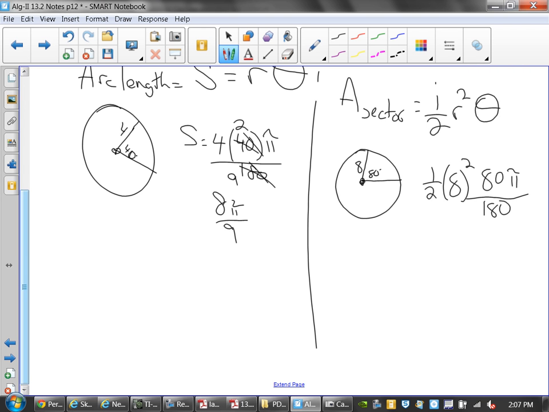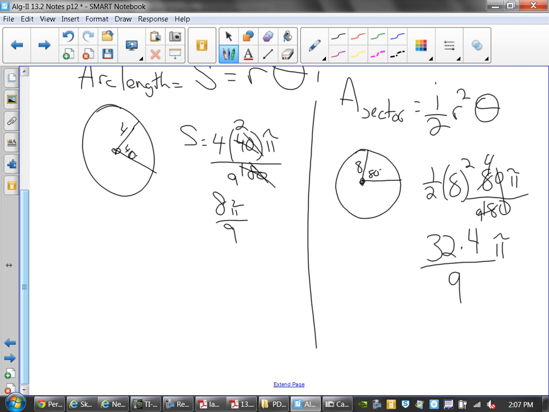What's 8 squared? 64. What's half of 64? All right, so right now I have 32 times, well, drop that through. 18 and 8, what can you simplify them by? 2 goes into 8 four times, and this is a 9, so it's 32 times 4 over 9 times pi. Does a 3 go into 32? Do you guys know how to check that?